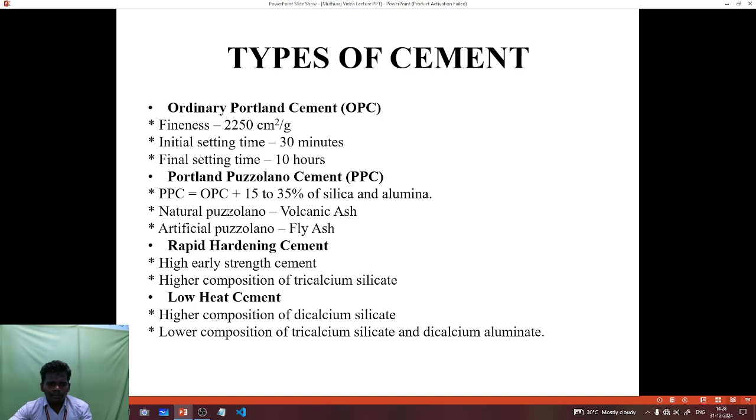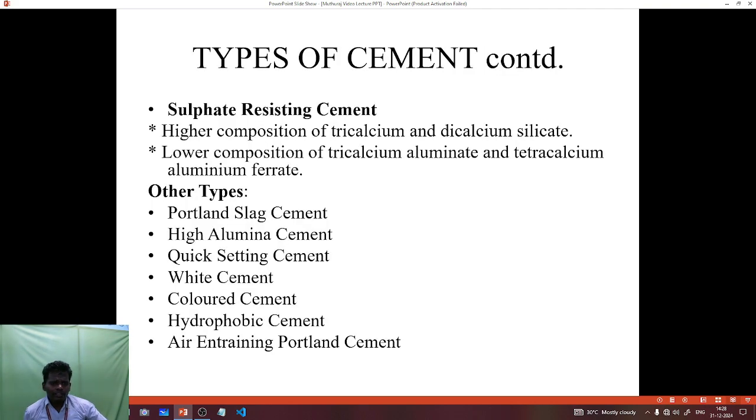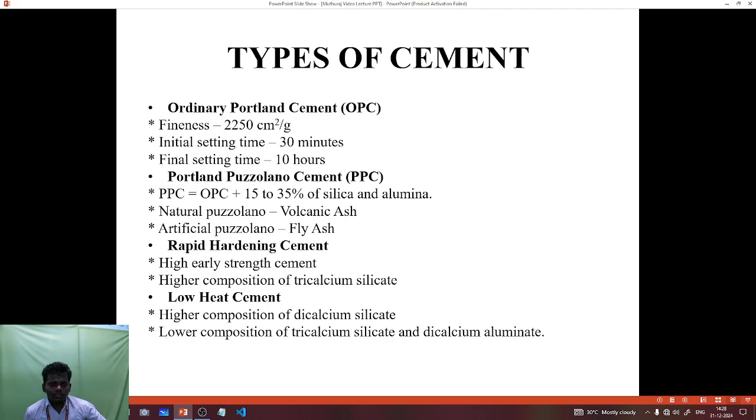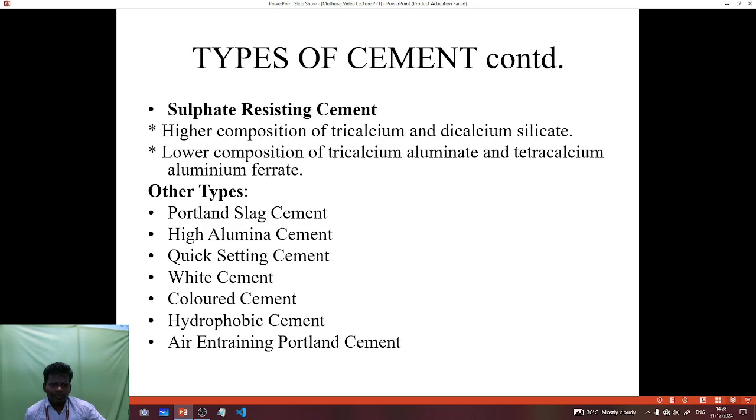Natural pozzolana: when the OPC is added with volcanic ash, it is called natural pozzolana. When the OPC is added with fly ash, it is called artificial pozzolana. Rapid hardening cement, high early strength cement, has a higher composition of tricalcium silicate. Low heat cement has a higher composition of dicalcium silicate and lower composition of tricalcium silicate and tricalcium aluminate.